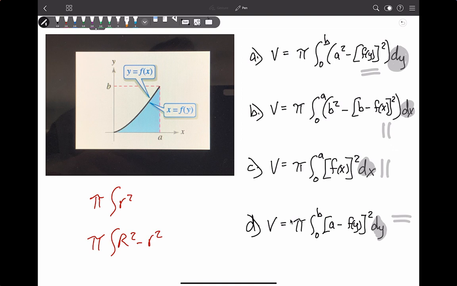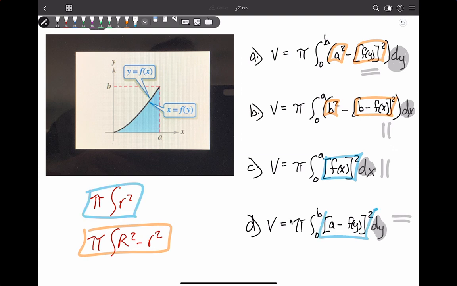We have big R squared minus little r squared. We have big R squared minus little r squared. So those are going to be our washer methods. And then over here, we just have one squared piece, which is r squared, otherwise our disk method. And here we only have one squared piece, okay?